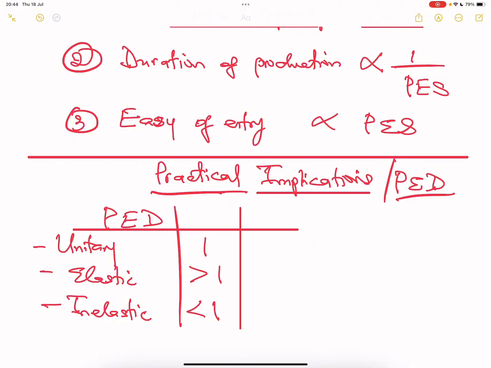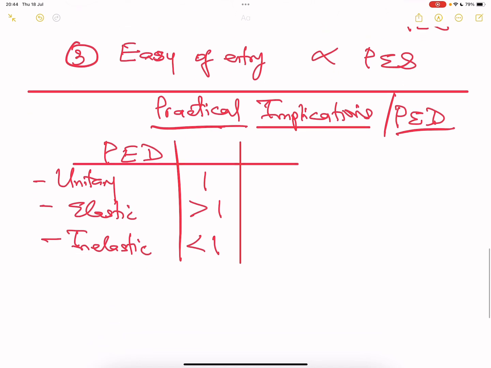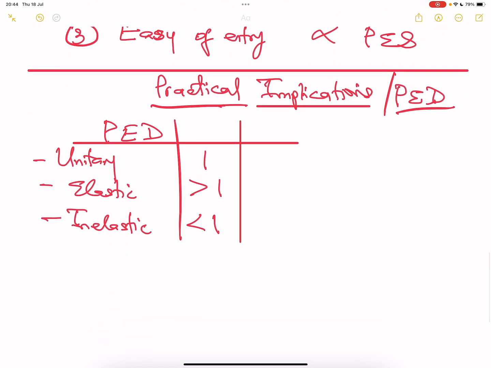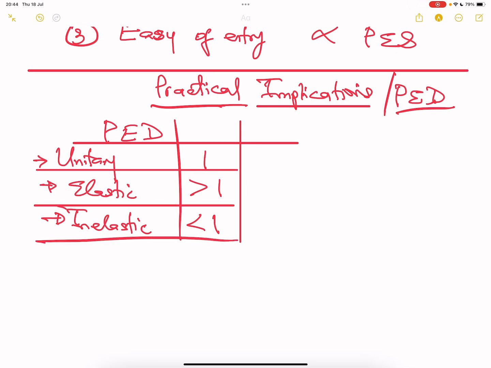These are the 3 scenarios that I want to look at to explain the practical implications. Because if a company is selling a product that has unitary elasticity, how should the company think about increasing the price of its product? Should it increase the price of its product to make more money, or should it decrease the price of its product to make more money? That is what we want to talk about when we are talking about practical implication.